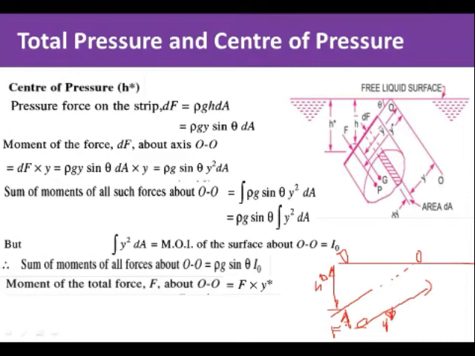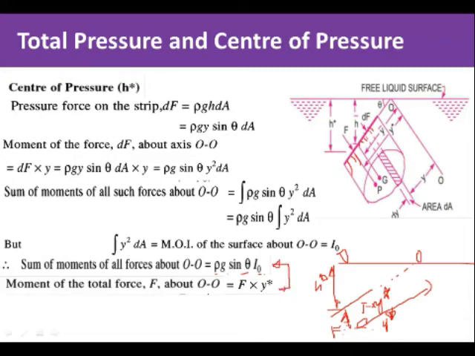So the total moment of force equals F into y star. But if you are talking about the individual strips, the total moment is rho g sine theta IO. So these two should be equal.